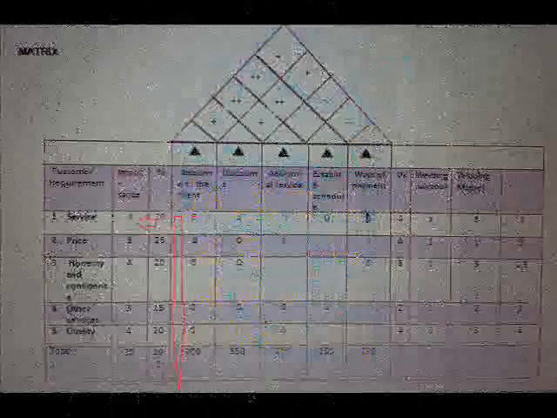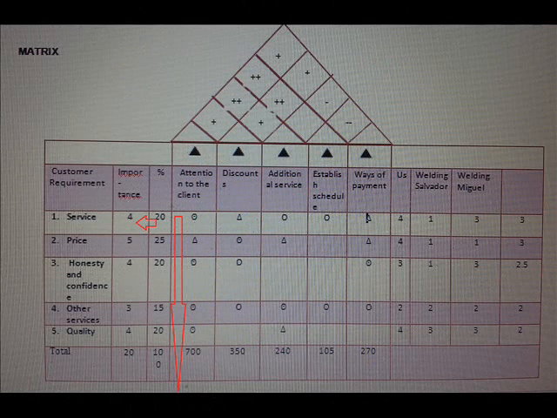So then the next part, we are going to divide the number 1, which is service, which is 4. 4 divided into 20, multiplied by 100, and that gives us a total of 20. So we do the same thing with price, honesty, other services, and quality. For price, we put a 5, we divide it into 20 times 100, and it gives us 25.